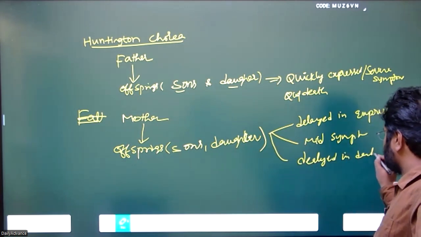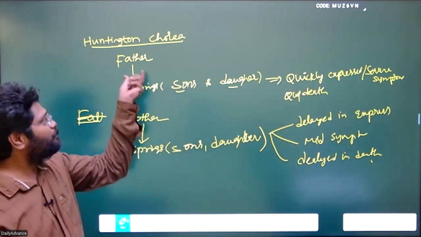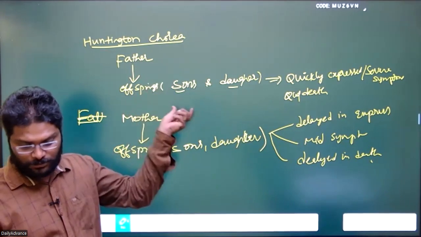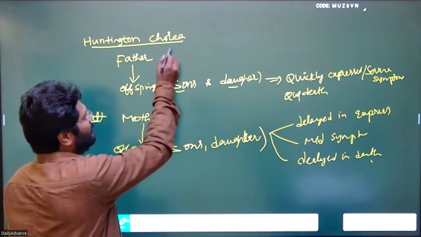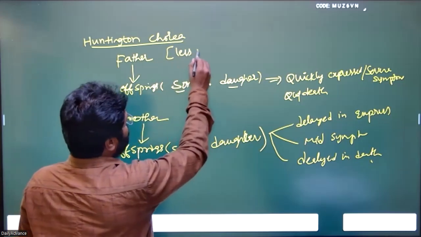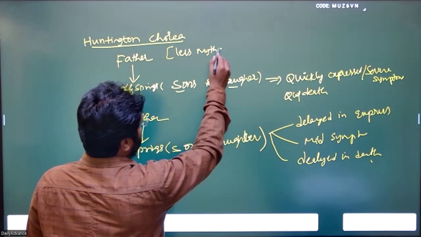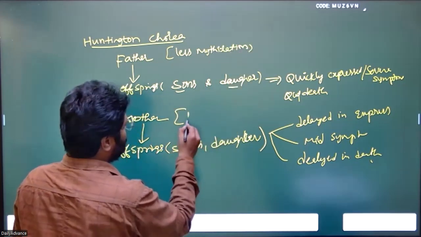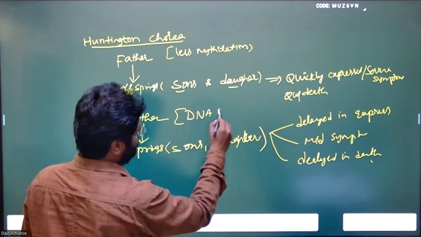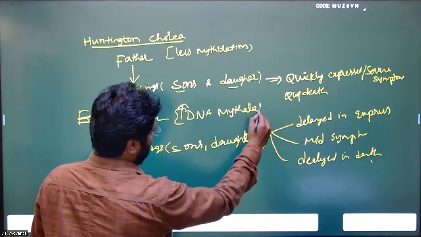So delayed in death, that means the gene is the same. Why? Because while he is preparing his own sperm to give to the offspring, he will apply less methylation. Here the mother applies more DNA methylation.